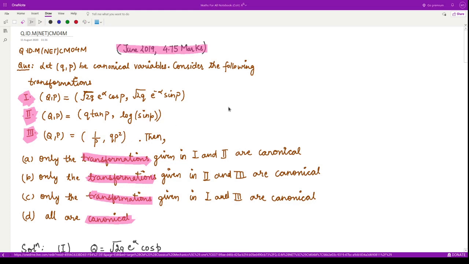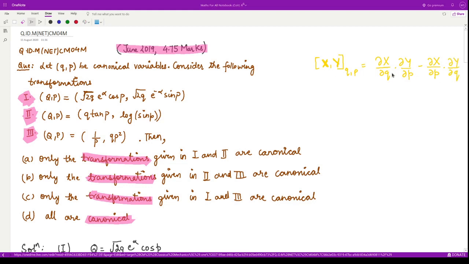We have to see a result based on Poisson brackets. The Poisson bracket of two quantities x and y with respect to some q and p is given by del x by del q into del y by del p minus del x by del p into del y by del q.